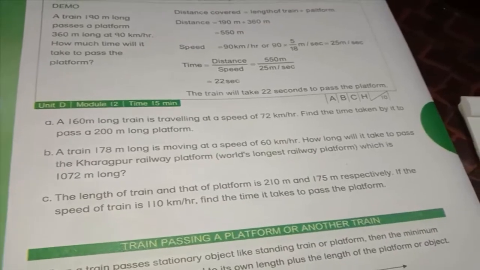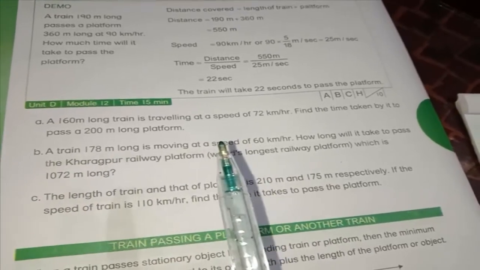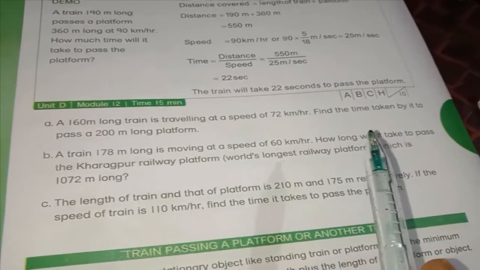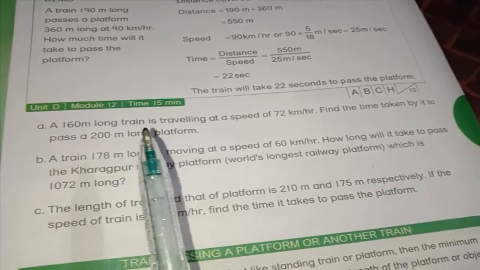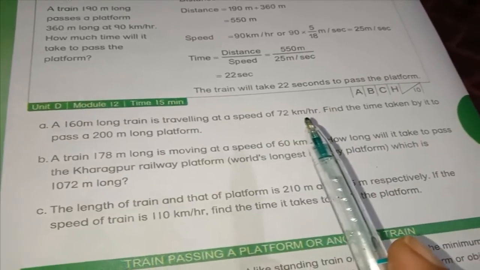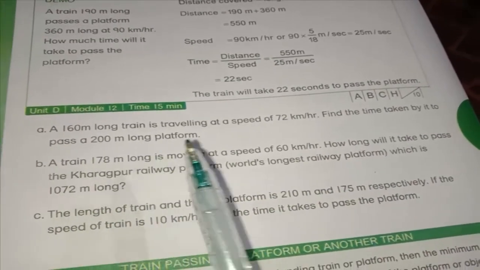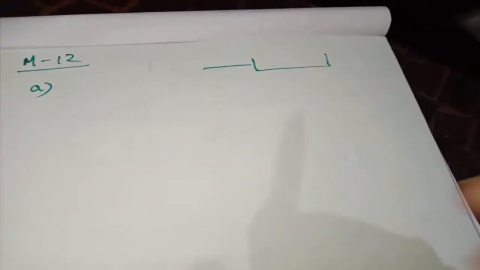In module number 12, you will deal with problems where the length of the vehicle is given and it has to pass not just one point but a stretch of land. For example, question number A: a 160 meter long train, that means the length of the train is 160 meters, traveling at the speed of 72 km per hour. Find the time taken by it to pass a 200 meter long platform. So here the train length is 160 and it has to pass a platform of 200 meters.